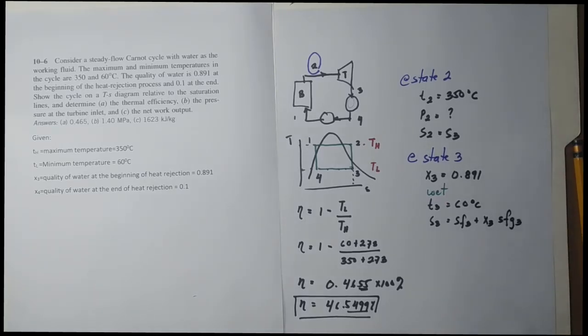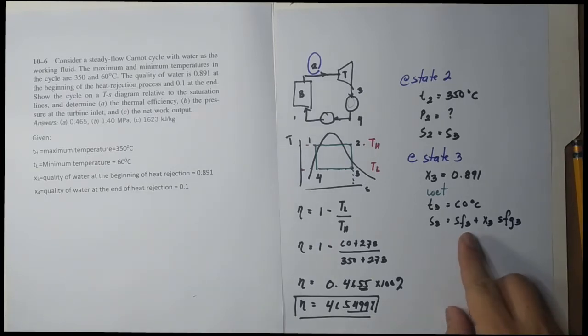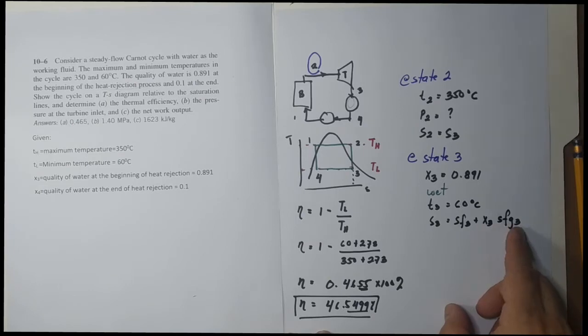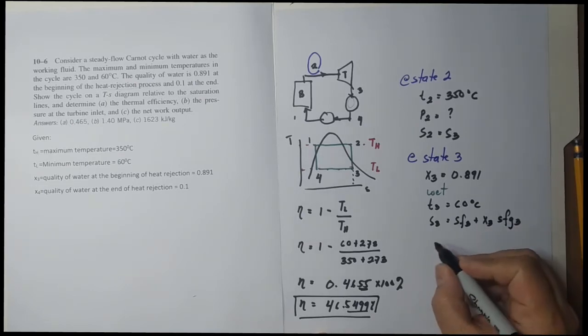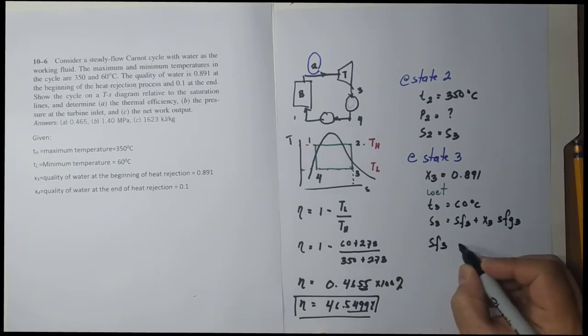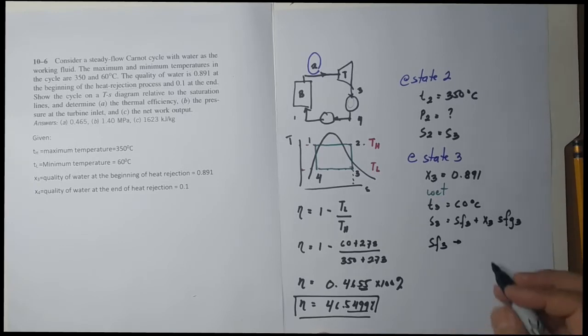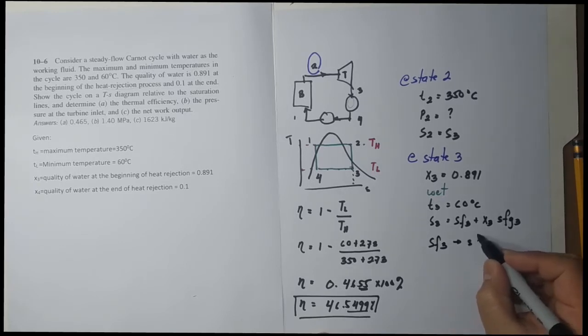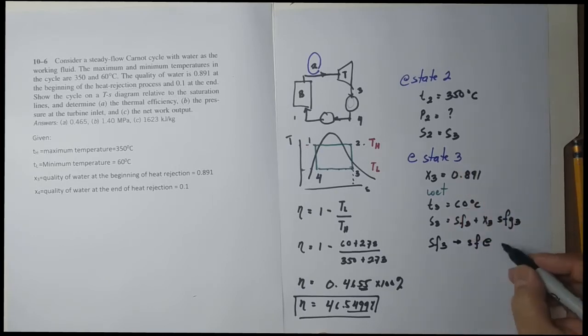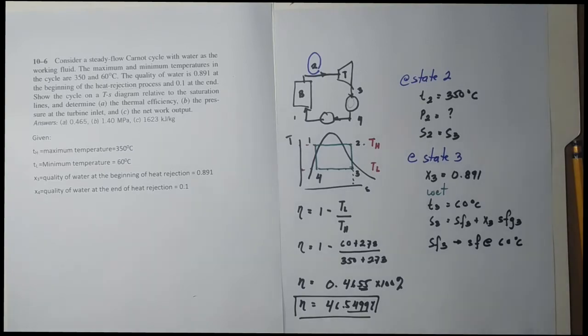I hope matandaan nyo yung equation na yan. Now, paano malalaman yung SF3? Yung SF3 ay yung SF at state 3, that is 60 degrees C. Saan makukuha yan? Makukuha yan sa steam table.